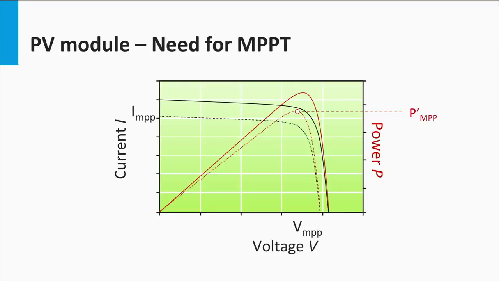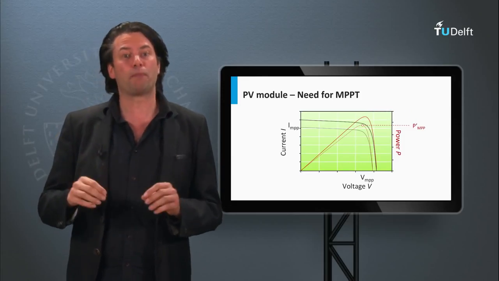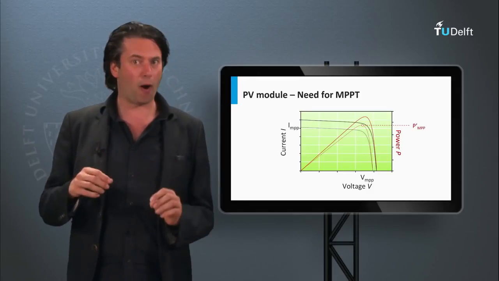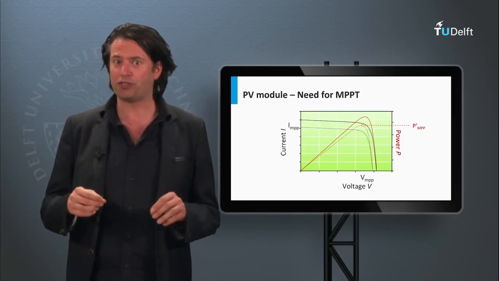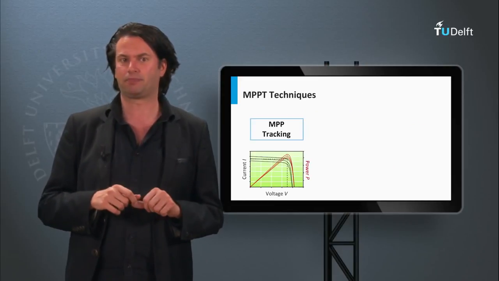Thus, to be continuously at the maximum power point at all times, we would need to track any such changes in the IV curve and find out the new MPP. This process is called maximum power point tracking, or MPPT. And the devices that perform this process are called MPPT trackers.